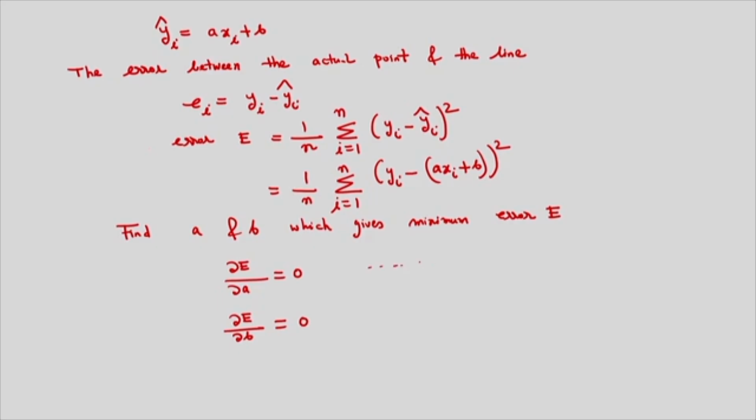Suppose this is equation number 1 and this is equation number 2. So I have to do the differentiation of E with respect to A, the differentiation of E with respect to B, and equate it to 0.